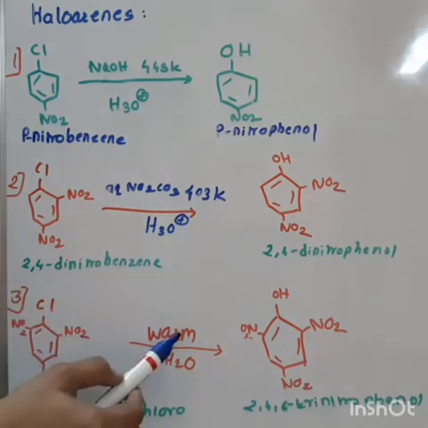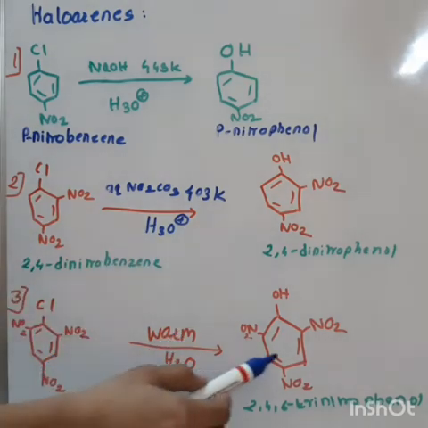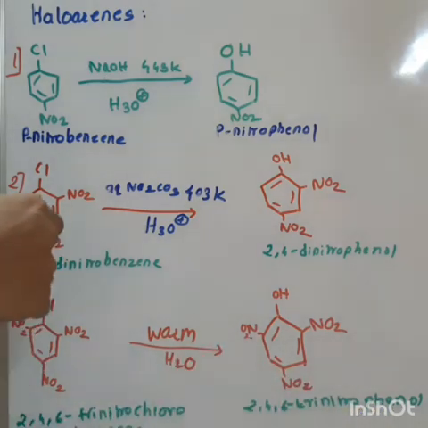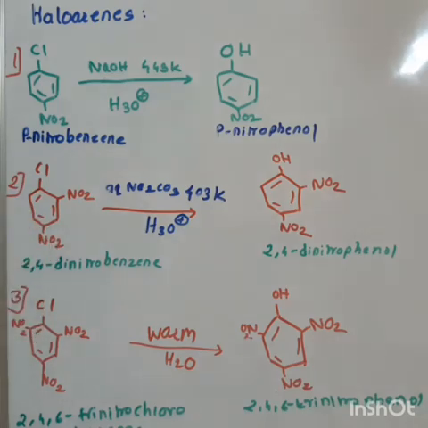It requires just warming and water. Then 2,4,6-trinitrochlorobenzene is converted to 2,4,6-trinitrophenol. So these are the examples of introduction of electron withdrawing groups to haloarene.